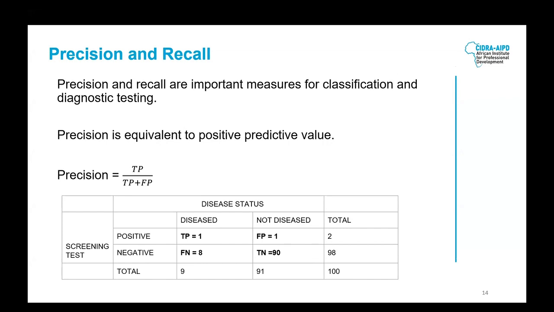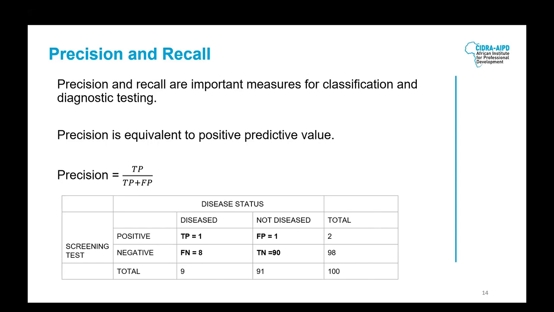And if you look at the formula, precision equals TP, true positives, divided by the sum of true positives and false positives. So precision tells us what fraction of the identified cases actually are positive. And if the model gives 0 false positives, that means precision is 100%.